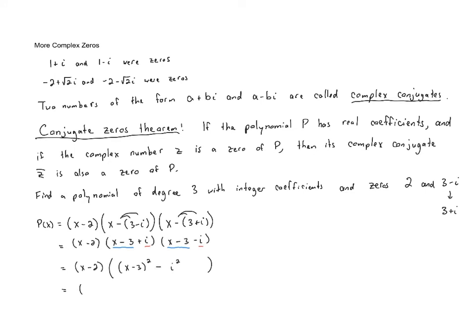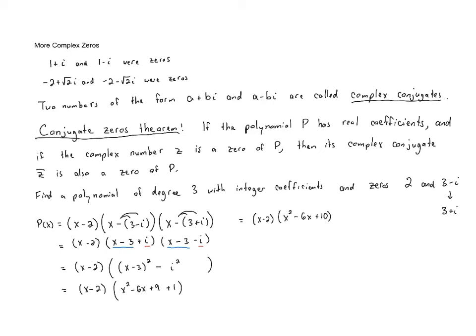Now this gives us x minus 2 times x squared minus 6x plus 9, and remember that i squared is negative 1. So if we're subtracting negative 1, it's the same as adding 1. And so this gives us x minus 2 times x squared minus 6x plus 10.